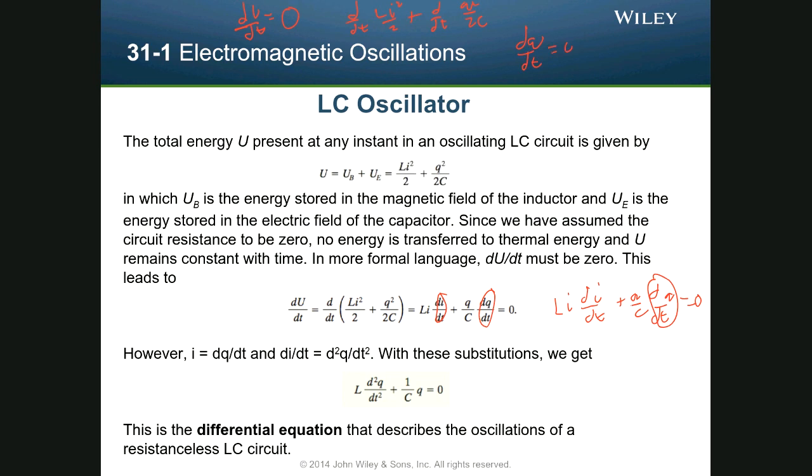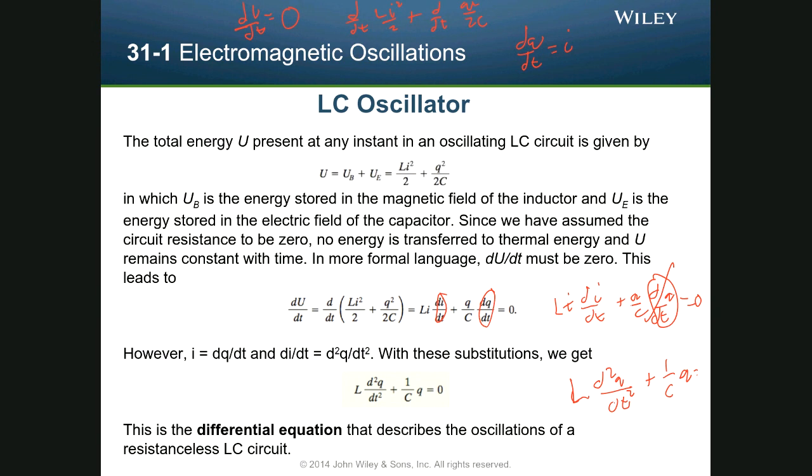So that means that this I cancels with this I, and we essentially have L, di/dt. Yeah, I didn't mess that up, did I? Yeah, di/dt is going to be equal to the second derivative of q. That's right. I'm not crazy. Plus 1 over C times q equals 0.